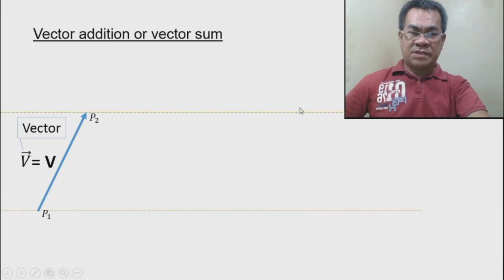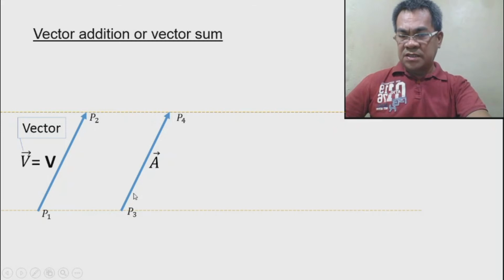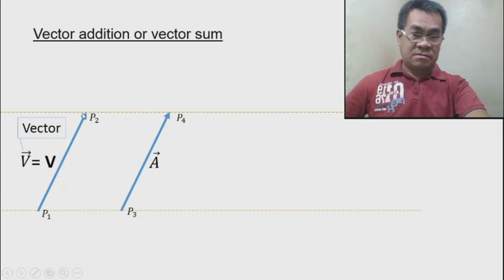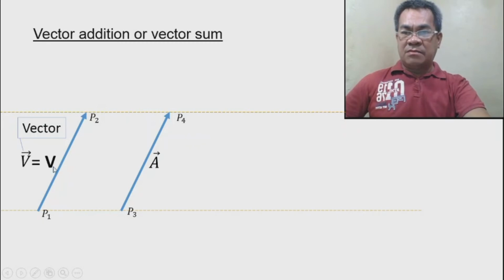So suppose we have these parallel lines. Then I have another vector, call it vector A. This is the arrowhead. Now suppose, because these are parallel lines, this angle is the same as this angle. So geometrically, we have two parallel lines cut by transverse lines. Therefore, these two lines must have the same magnitude.